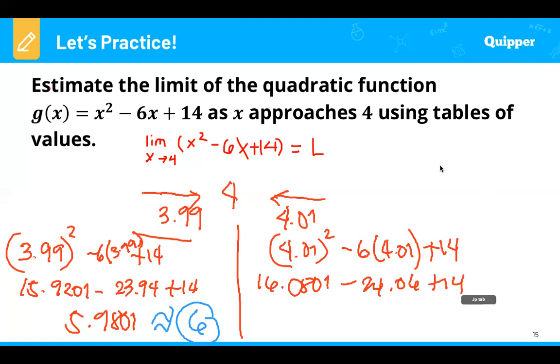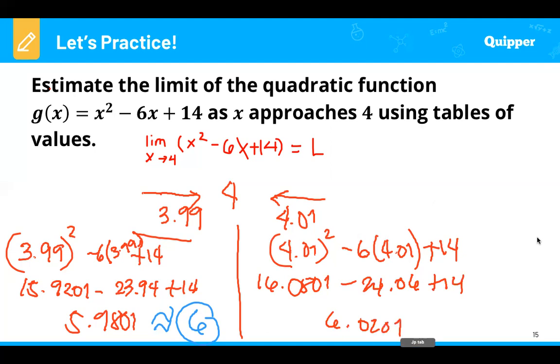Solving that, 16.0801 minus 24.06 plus 14, our answer is 6.0201.